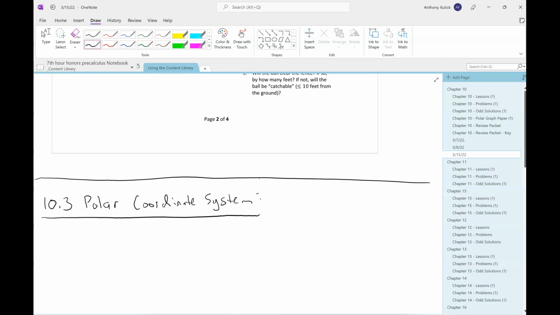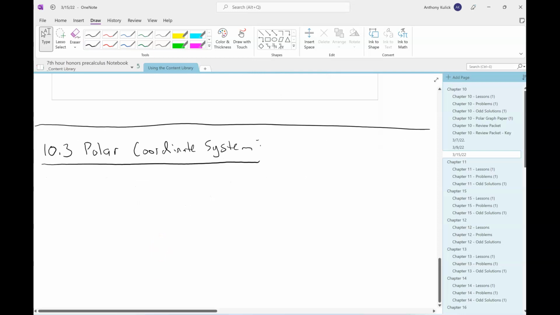We're using the t to generate the x and y coordinate, but when we actually graph the parametric function itself, the t doesn't appear anywhere in there. So it's still just a Cartesian plot, even though it's from a parametric function. Is everybody okay with that? What we're going to do today is define an entirely new coordinate system called the polar coordinate system, and we're going to start with that definition.